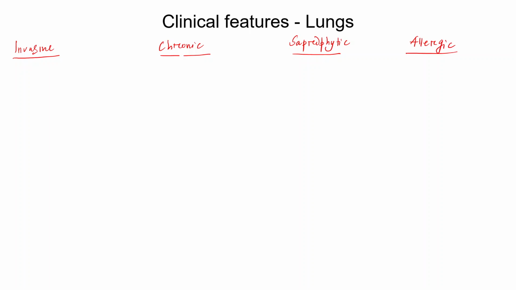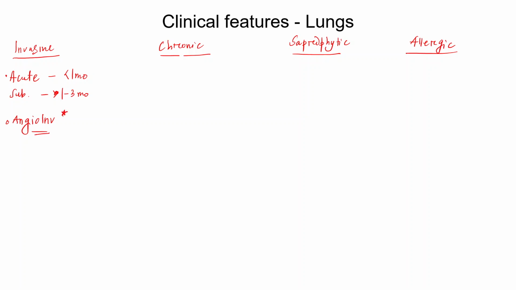The acute or invasive pulmonary infections can also be divided into acute and subacute. Acute is less than 1 month, and subacute is 1 to 3 months. Usually these infections are angio-invasive.